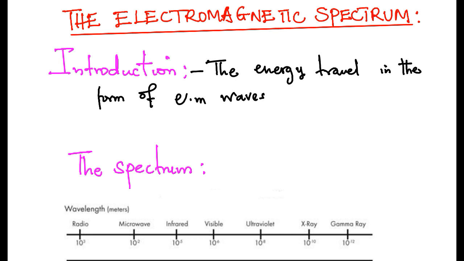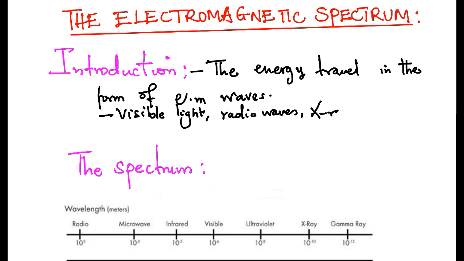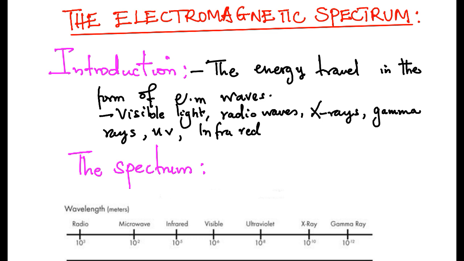Other examples of electromagnetic waves include visible light, radio waves, X-rays, gamma rays, UV light, infrared, among others.